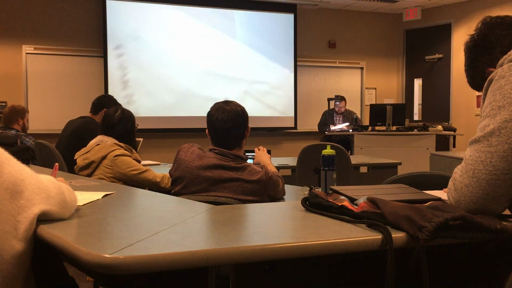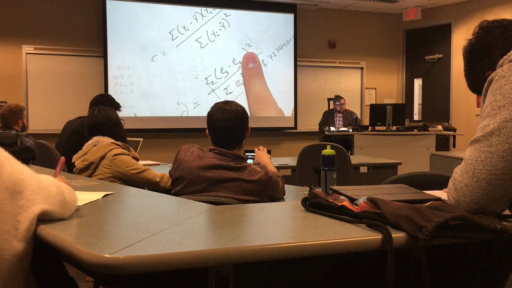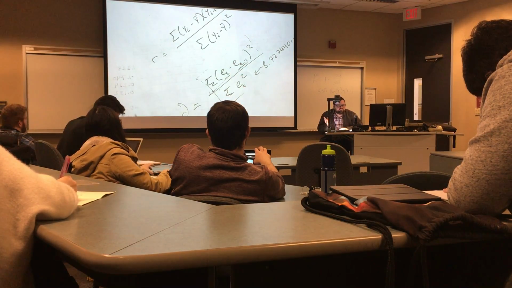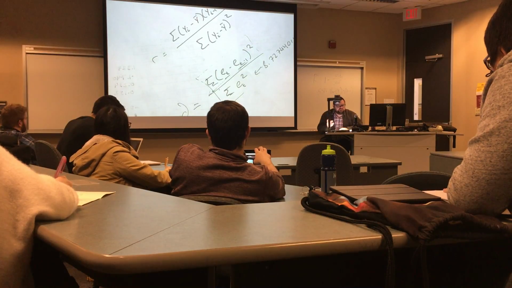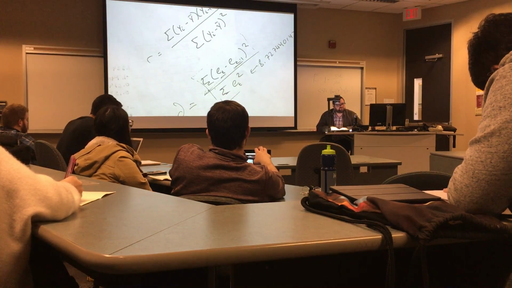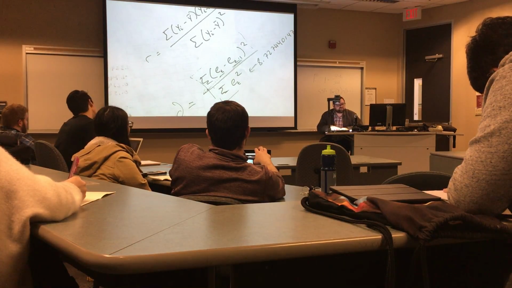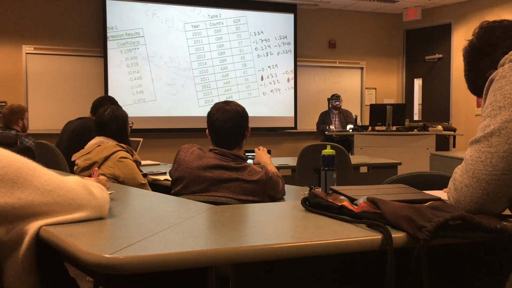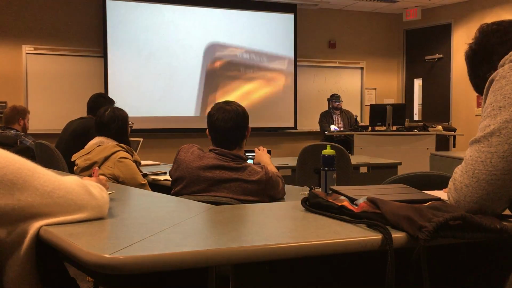Because now it's just telling us take the difference between them, square them, add them up, square the error term, add them up. You could do this by hand fairly easily. I'm going to do it with the calculator.